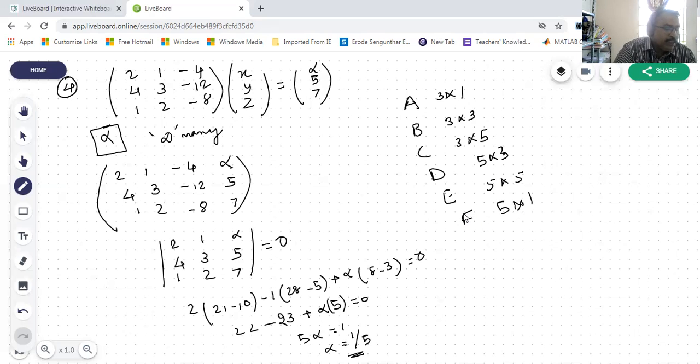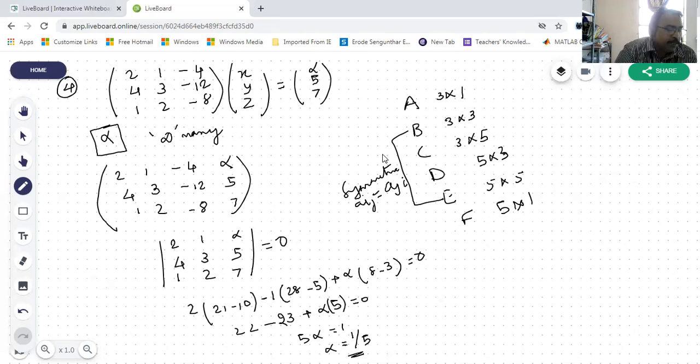Okay, matrices B and E are symmetric. Symmetric in the sense that Aij is equal to Aji. You have to remember Aij is equal to Aji. The transpose is also equal: A is equal to A transpose. Okay.